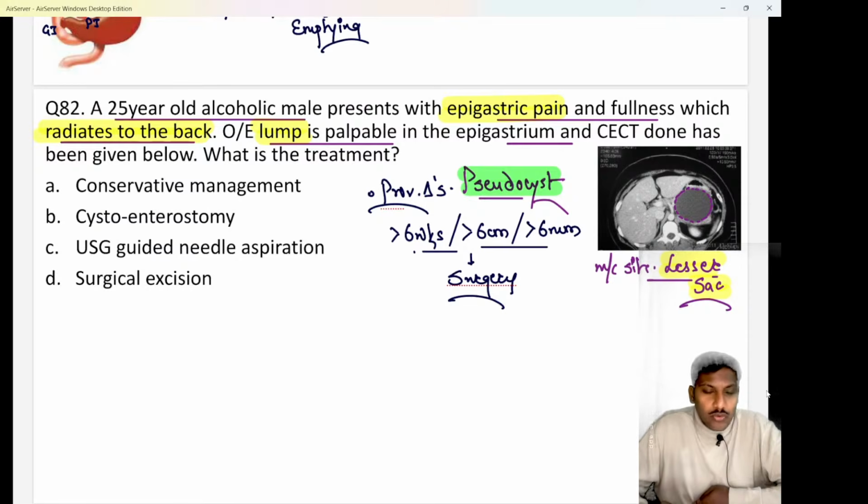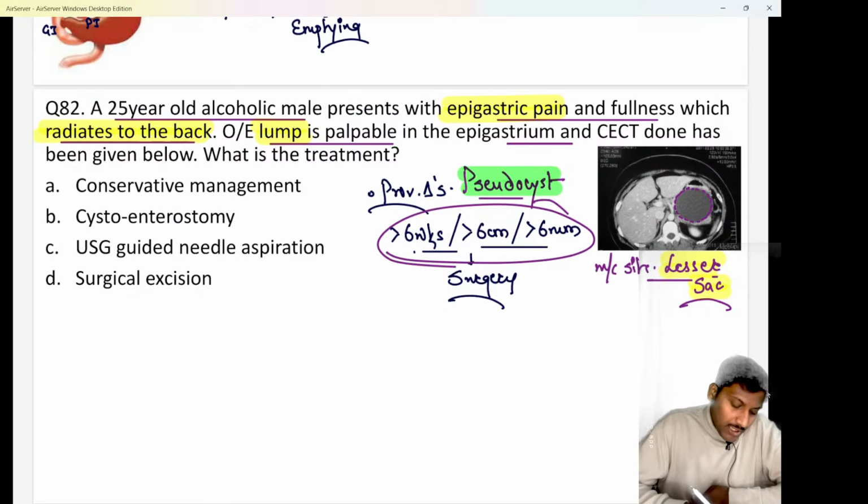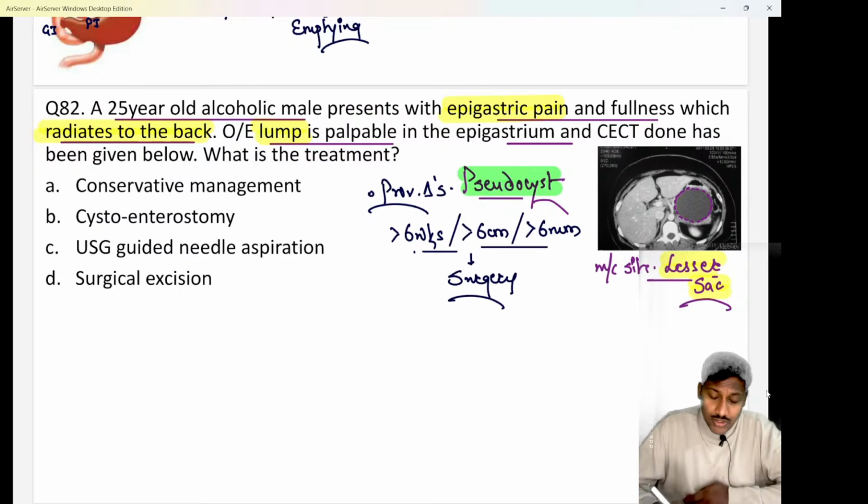If the rule of 6 applies, that means the cyst is more than 6 weeks old, more than 6 centimeters in size, or the wall thickness is more than 6 millimeters, then in those conditions you have to go for treatment, that is surgery.